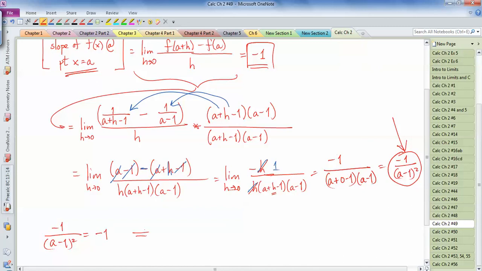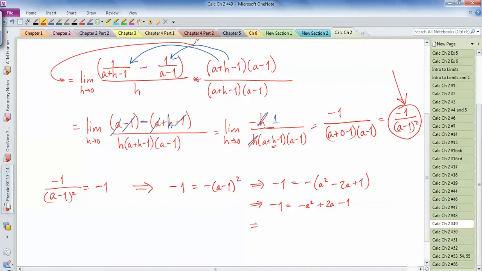If I cross multiply, I get negative 1 equals negative a minus 1 all squared. Then if I FOIL out the left side, I get negative a squared minus 2a plus 1. And then if I distribute, I'll get negative a squared plus 2a minus 1.